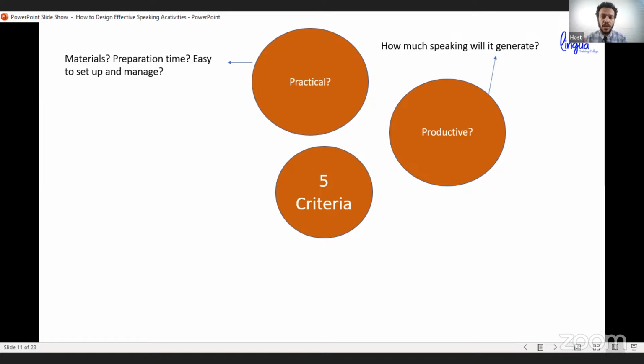To do this activity, you need lots of sheets, paper, internet connection, lots of chairs, big space. So these are the materials. Are these the materials you want? The preparation time, how much time does it take for you to prepare for this activity? And is it easy to set and manage?